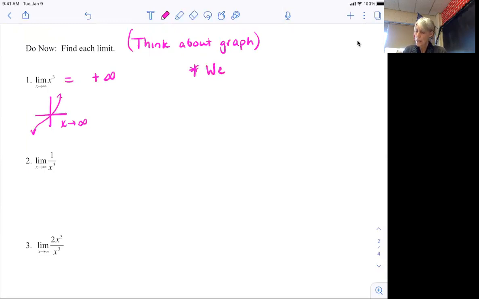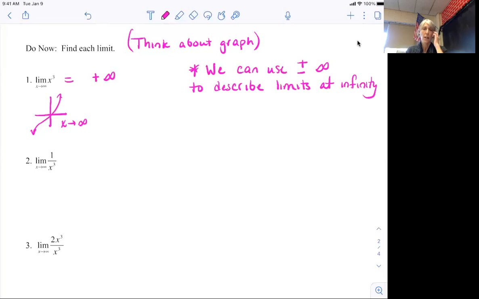So contrary to what we said in the beginning of the unit, we can use positive or negative infinity to describe limits. When we analyze the limit as x approaches c, it has to be a number.